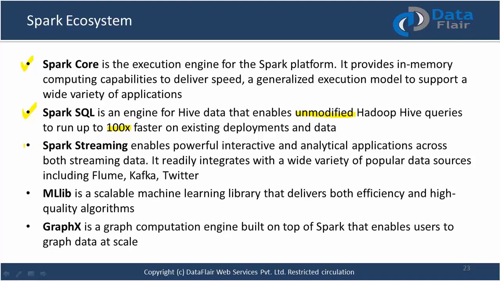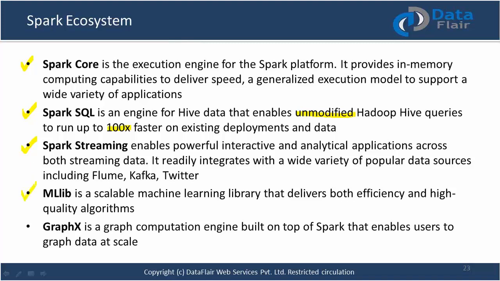Now, a pretty unique, pretty different, pretty innovative component, that is Spark Streaming, which enables powerful, interactive and analytical applications across streaming data. By the way guys, there is a dedicated slide for streaming. We'll discuss it in great details there. It readily integrates with wide varieties of data sources like Flume, Kafka, Twitter, and so on.